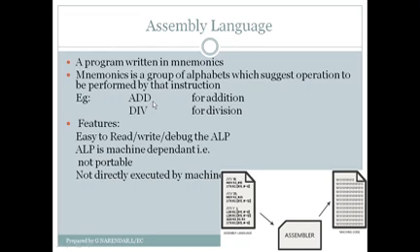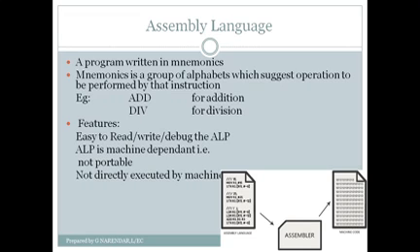No, because 8051 is a digital circuit which can only understand ones and zeros. It doesn't know what is A, what is D, and what is this mnemonic ADD. So when we give the instructions written using mnemonics, the microcontroller cannot understand them directly and it cannot execute the assembly language program directly.